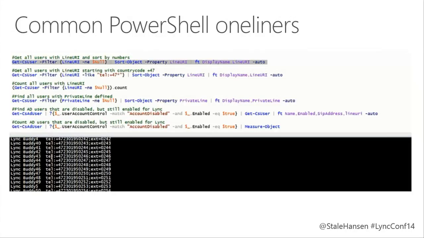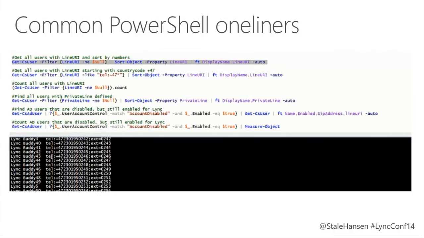Here I am filtering on every user that has a line URI in my deployment, because I'm not interested in users not having a line URI; I'm interested in what numbers are assigned to those users. Then I do a sort. I pipe this into Sort-Object and sort on the line URI, so I get the numbers in the correct order.